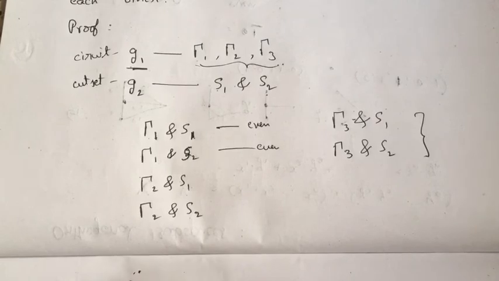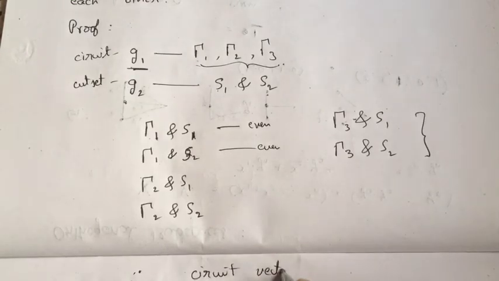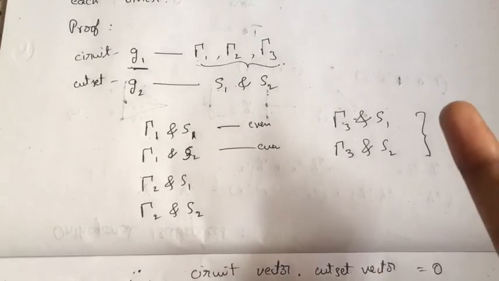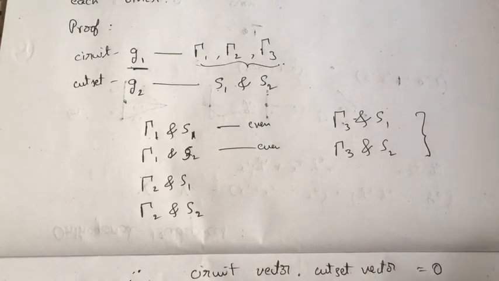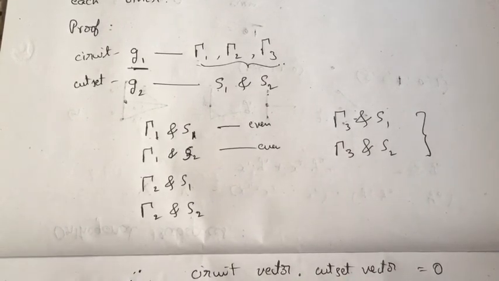Therefore, the dot product of the circuit vector with the cut set vector is equal to 0, because of the previous theorem. If the dot product is 0, the number of common edges between two subgraphs is even. If the dot product is 1, then the number of common edges between them is odd.